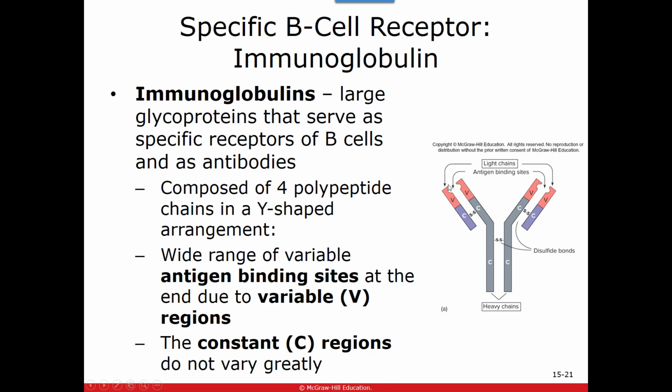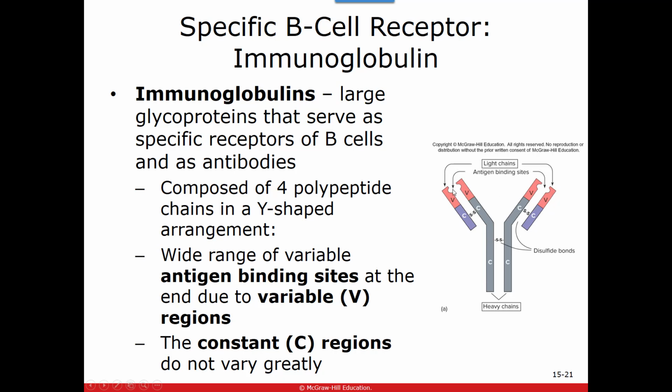I like to think of this big Y as one of those things you see outside of businesses that flap around in the wind with the big arms. I like to think of the arms, and this is the arm, then it's the body. The arms and the hands is where you can vary in the specificity.